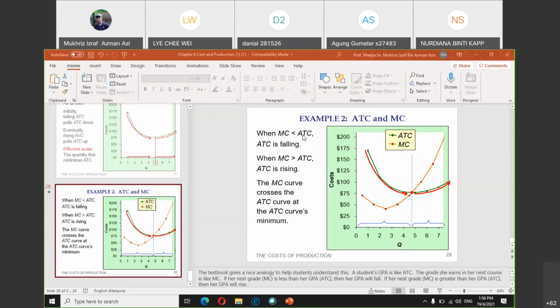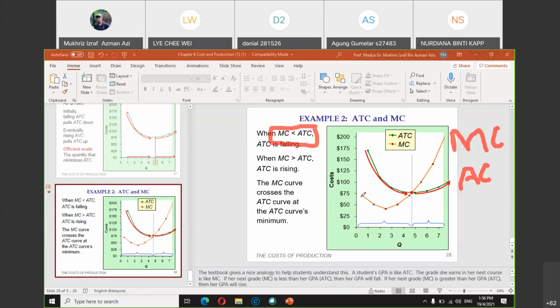When MC is less than ATC, so when is MC less than ATC? This is your marginal cost curve, this is the average cost curve. So the first point is MC is less than ATC. Where in this diagram is MC less than ATC?